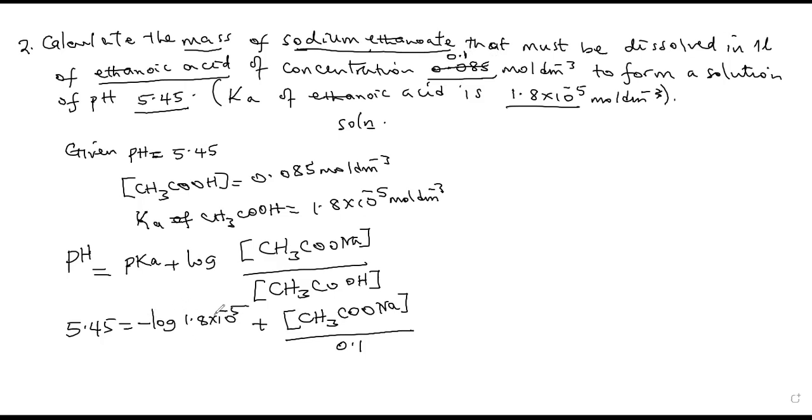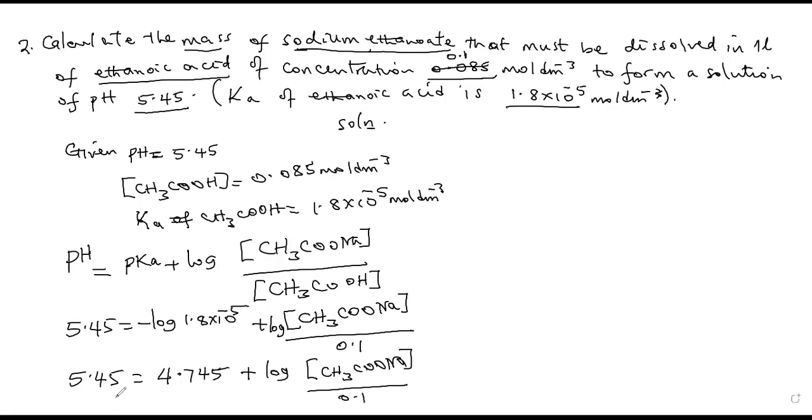Looking at this, you take the negative logarithm of this value, and you're going to get 5.45 is equal to 4.745 plus, here we keep our logarithm, so plus logarithm of the unknown concentration out of 0.1.